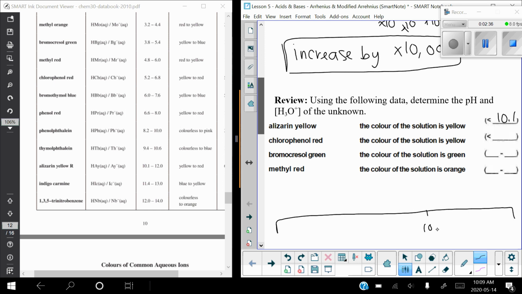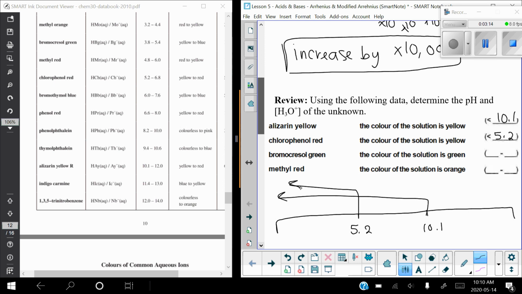There's about 10.1, and it's less than 10.1. Great. Chlorophenol red turns the solution yellow. So let's find chlorophenol red. When it is yellow, it is going to be less than 5.2. Okay, so we find 5.2, you just eyeball it, and it's going to be less than.